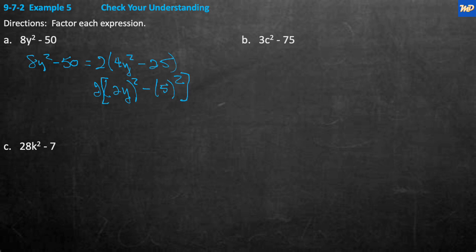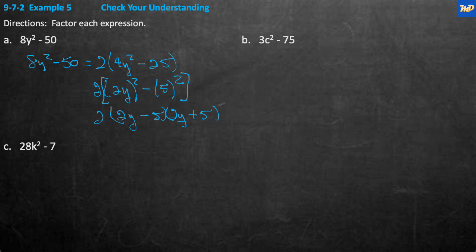The 2 stays outside, so I have it exactly in the form I want. I can write this as 2y minus 5 and 2y plus 5, and finally the 2 stays with it on the outside. So those are the factors.